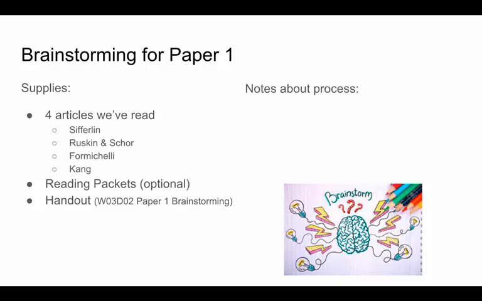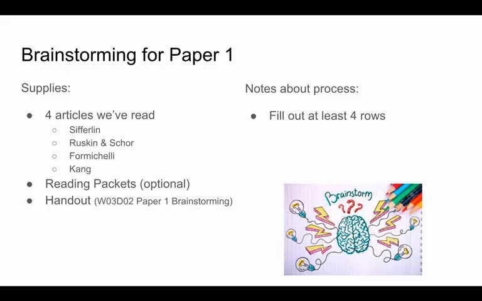A couple of things to note about this process: you will need to fill out at least 4 rows to get full credit for the assignment. I think that's good practice because you'll be required to write at least 3 to 4 body paragraphs, and each row in your table is going to frame a body paragraph.